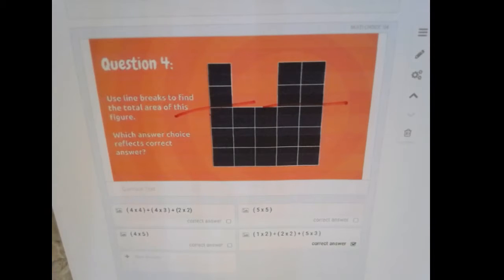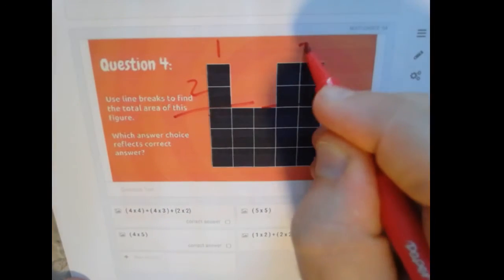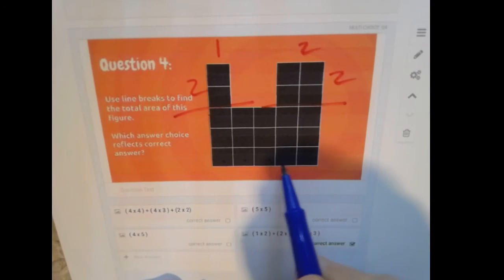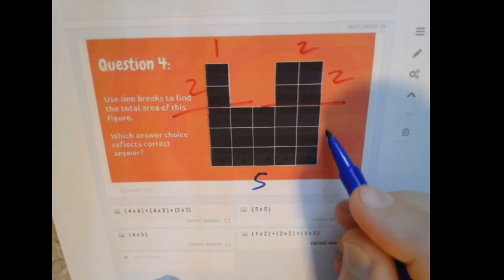Okay, next one. This again looks like it's pretty easy to break these into 3 rectangles. So it looks like we're looking at 1 times 2 and 2 times 2, and then this big rectangle on the bottom would be 1, 2, 3, 4, 5. 5 times 3.